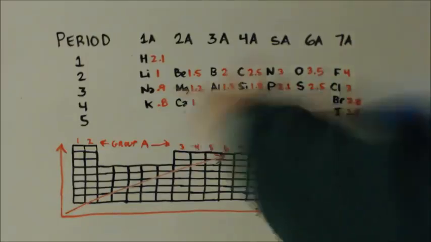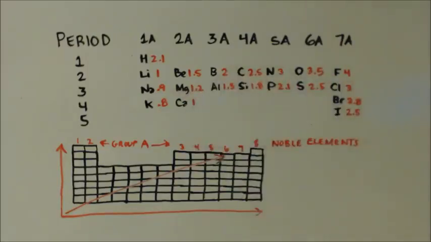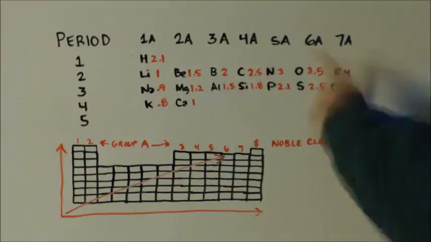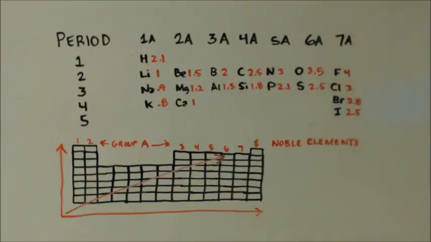Chlorine has 3 and sodium has 0.9. So that's a difference of 2.1. It has a Pauling number of 2.1, right? Or electronegativity number of 2.1. So what does that tell you? Well, there's several kinds of bonds. Covalent, ionic, polar covalent.